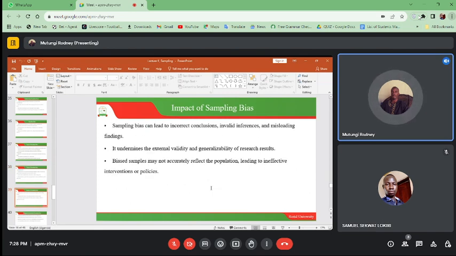The impact, like we have been saying: incorrect conclusions, invalid inferences, misleading findings, undermining external validity. External validity is the fact that you can use your study findings elsewhere in other settings, but if there is bias, you cannot do that. Biased samples may not accurately reflect what is in the population, and if this is not controlled, it can lead to ineffective interventions or policies.